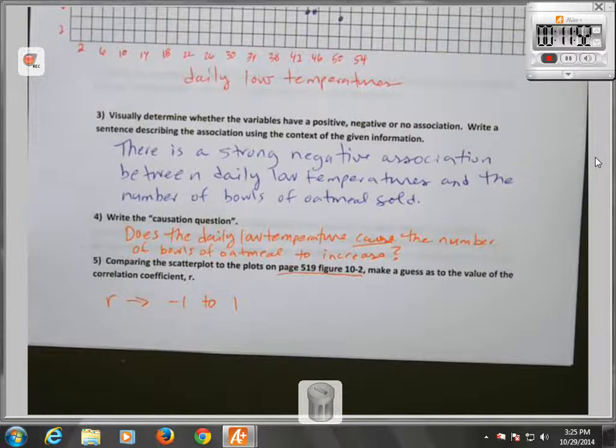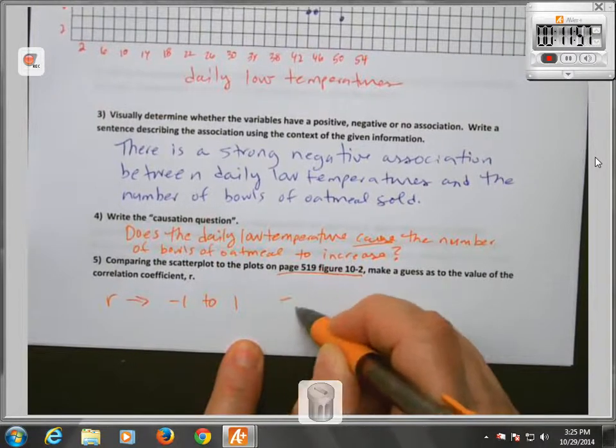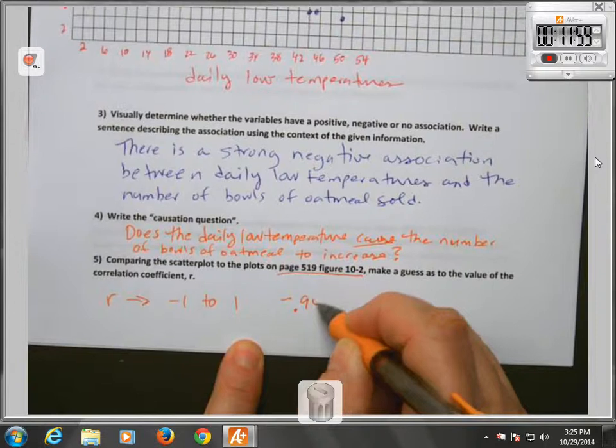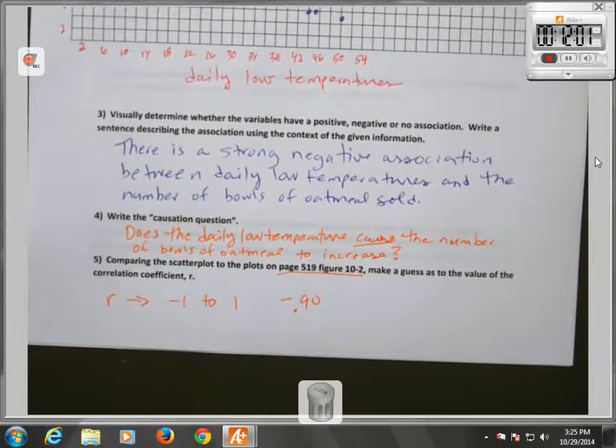There were various guesses in the class, but I think we settled on, say, -0.90. Does have to be a decimal number. This is a pretty strong negative correlation. And later on, we're going to check and see how close we got with that guess.